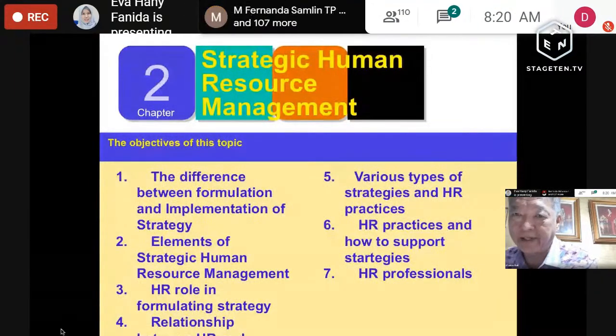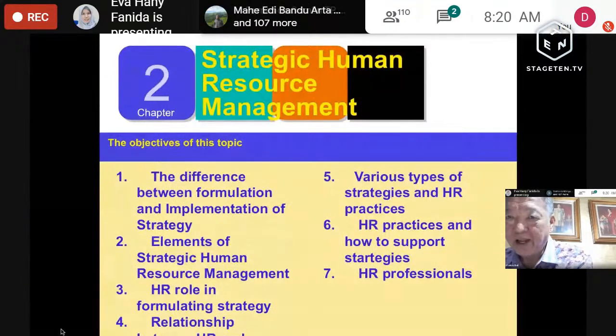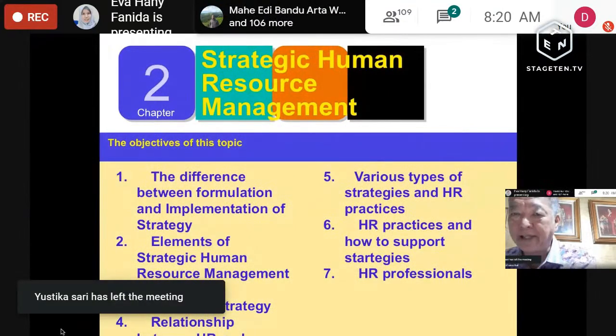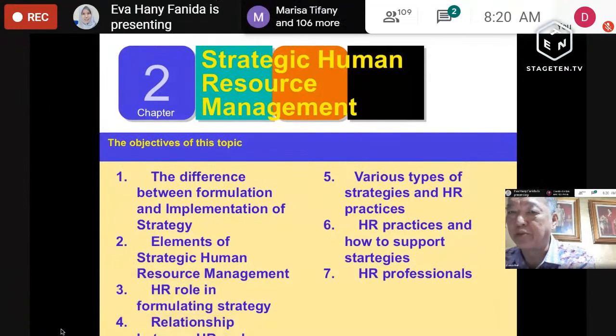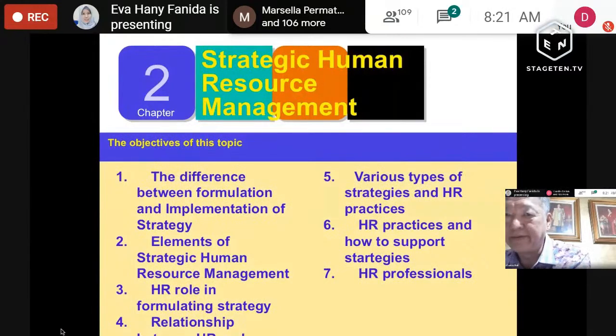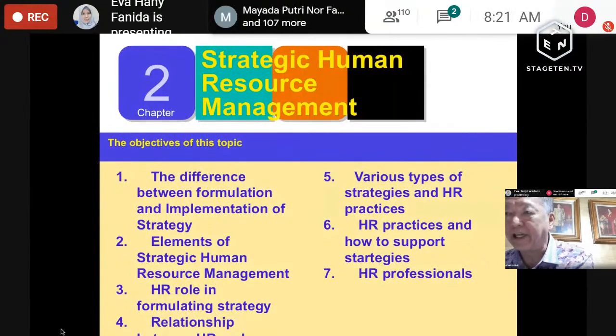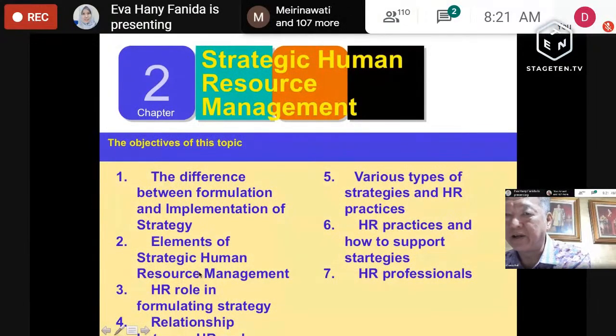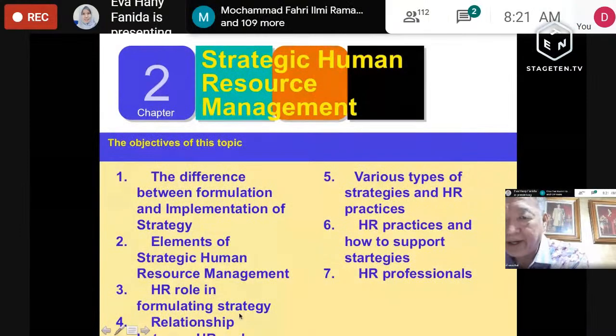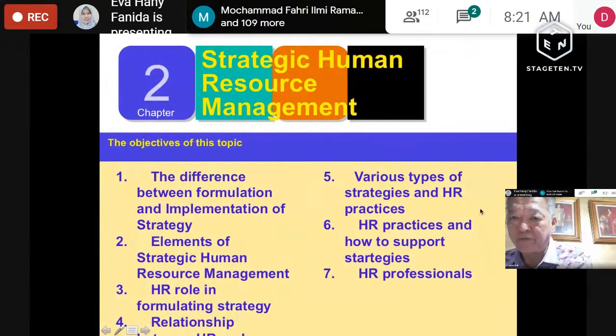The second objective is to know the elements of strategic human resource management: in strategic formulation and in strategic implementation, how many elements should we try to consider.